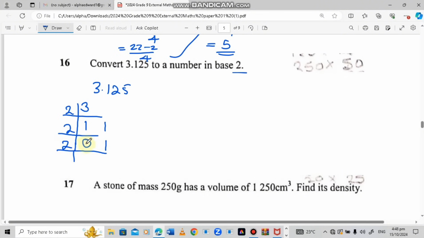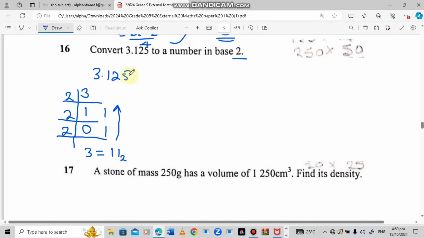Again, you are going to say 2 into 0. So when you have this scenario, it means you are done. Okay? So now we are going to collect the numbers by starting with the bottom here. So you are going to have 3 alone being equal to 1, 1 in base 2.